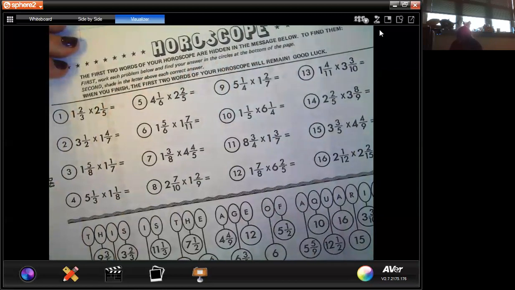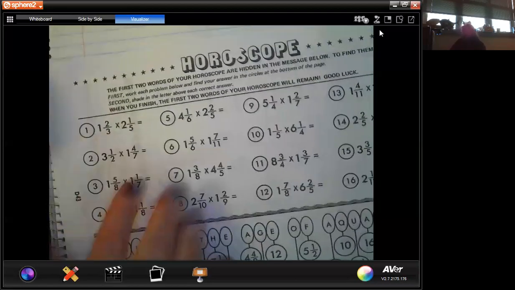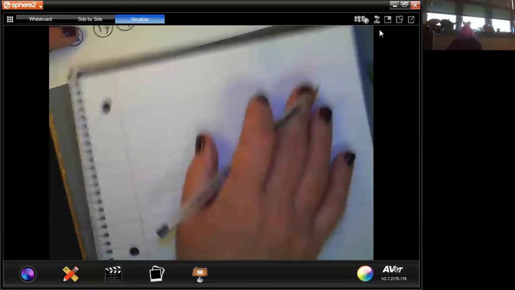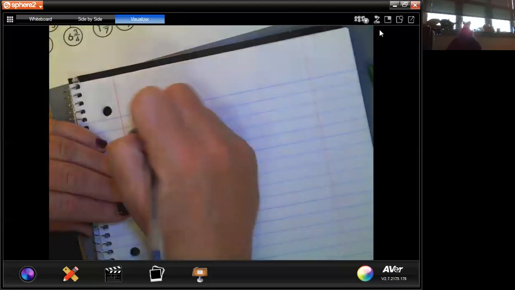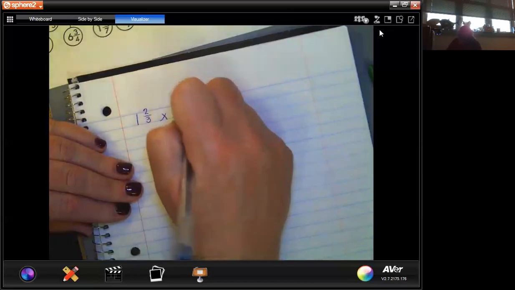Okay, so if you look at this, you start at 1. You're all going to need a separate piece of paper to do your work on. So number 1 is 1 2/3 times 2 1/5.